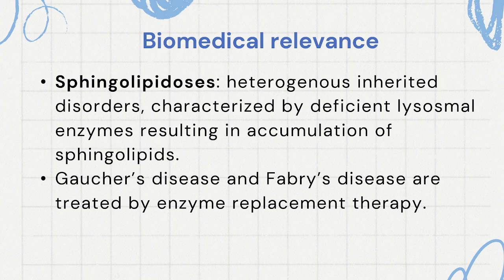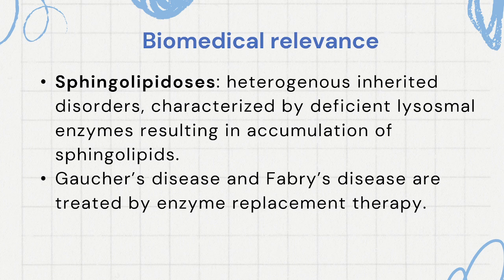The third and last condition that is related to our discussion is sphingolipidosis, which are storage diseases of sphingolipids. They are heterogeneous conditions. They are inherited conditions, so they are genetically determined. They are characterized by deficient lysosomal enzymes.